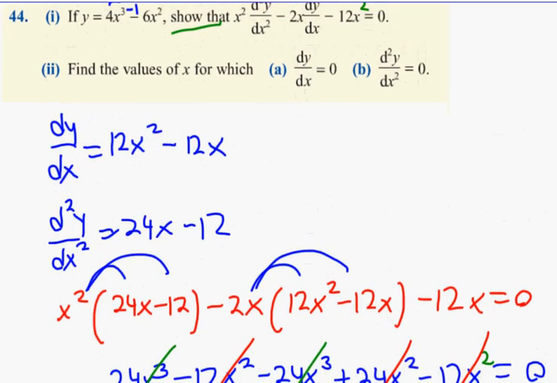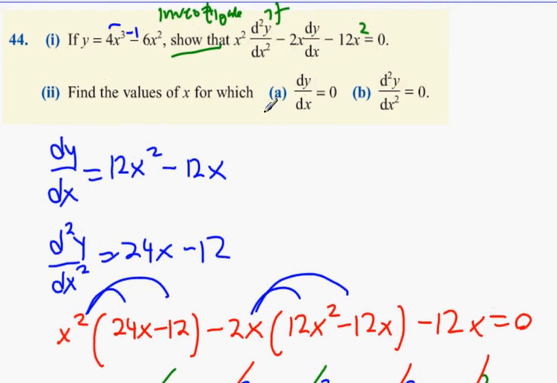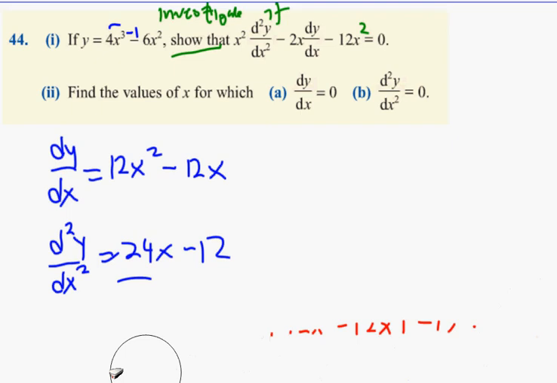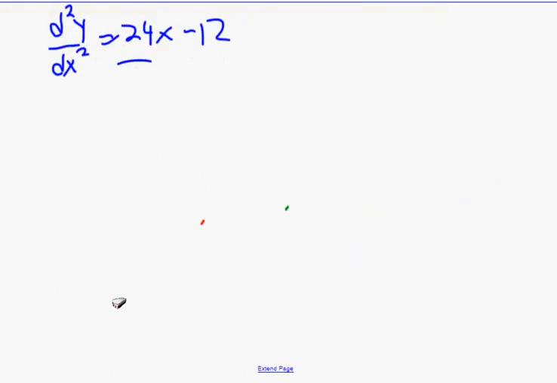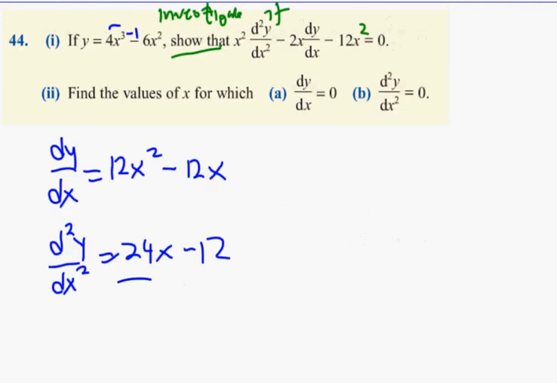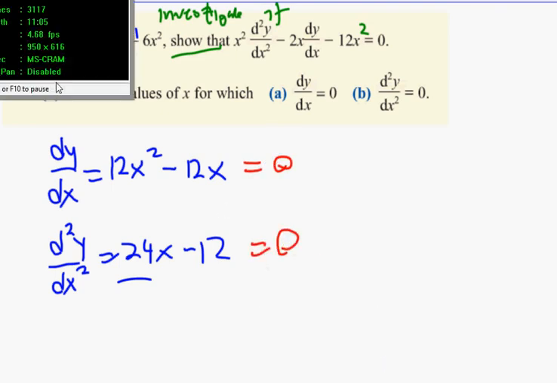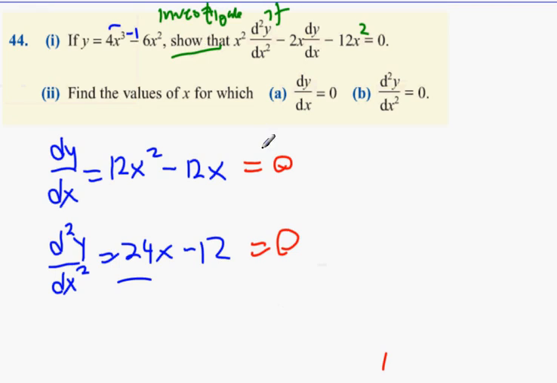Now lads, what I also asked is to find the values for which the first derivative equals 0 and the second derivative equals 0. Okay? When the first derivative equals 0, here's what we have. Now, what happens next is 12x squared minus 12x.